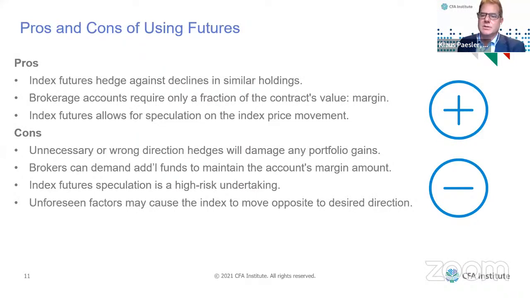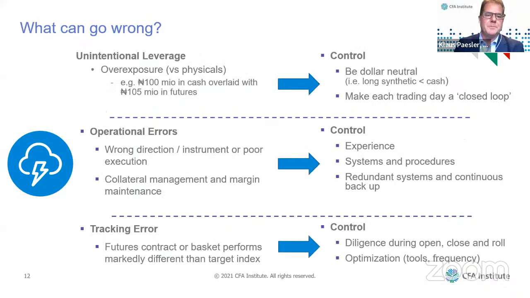If the market moves against you, you're taking a pretty highly leveraged position, and you have to have cash to back that. Your position in the market can be multiple times what you're actually holding underneath in cash, which can be a significant risk. And of course, unforeseen factors. There could be various liquidity items. There could be shock market movements that may have an effect on your cash situation or your underlying liquidity.